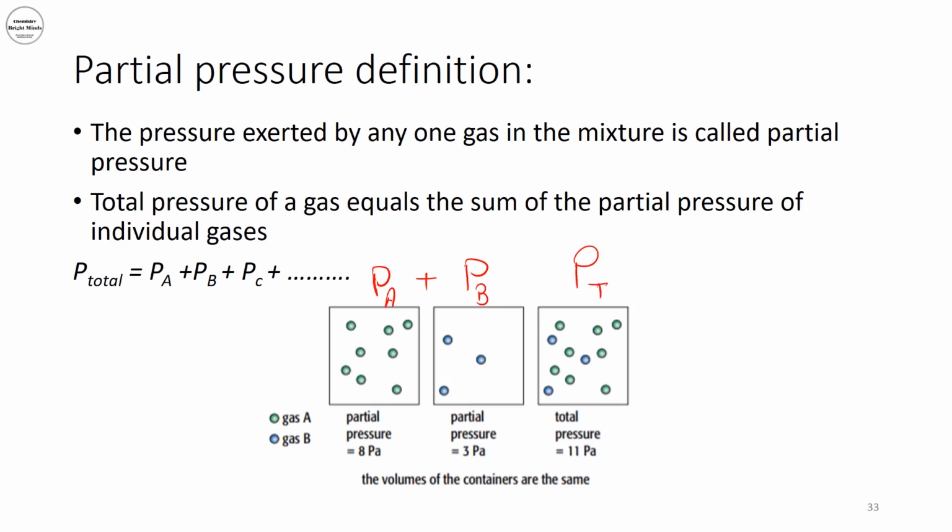So now, if my partial pressure for gas A is, for example, equal to 8 Pascal, and my partial pressure for gas B is equal to 3 Pascal, this means my total pressure would be equal to 11.